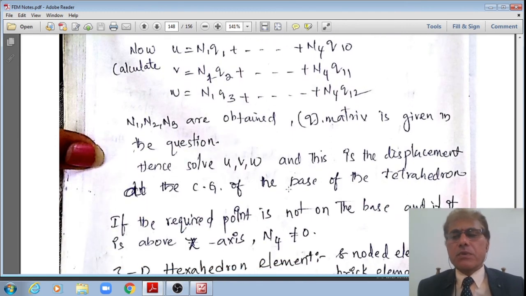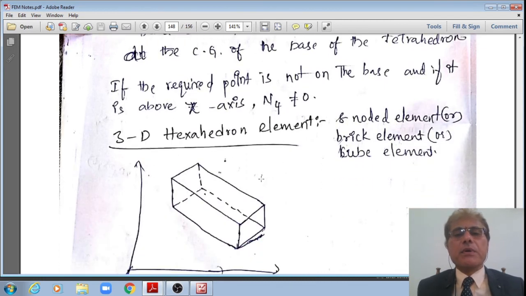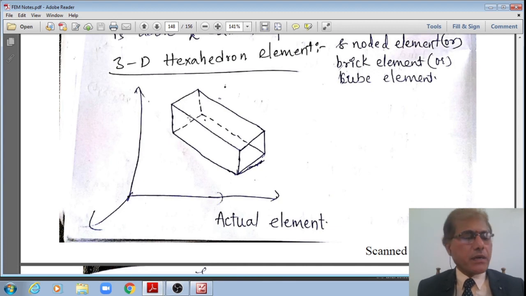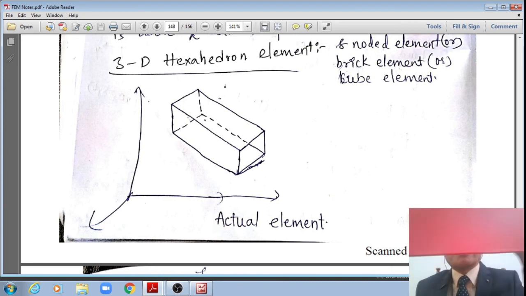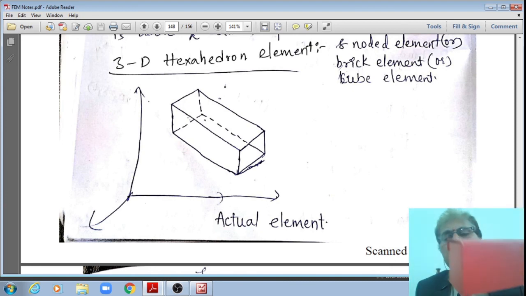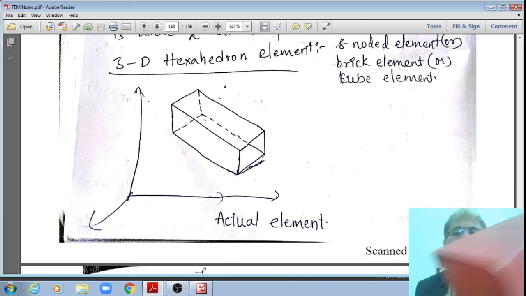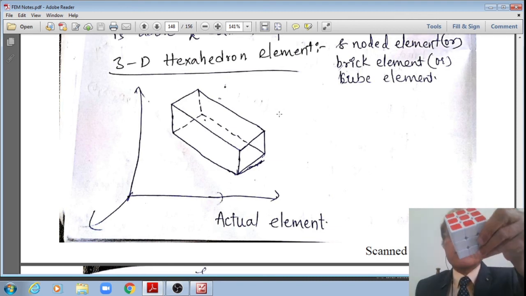Then let me move on to the next subheading, the 3D hexahedron element, student, like this, right? Or 3D hexahedron element, or brick element, or 8-noded brick element, or a cube element, like this, right?